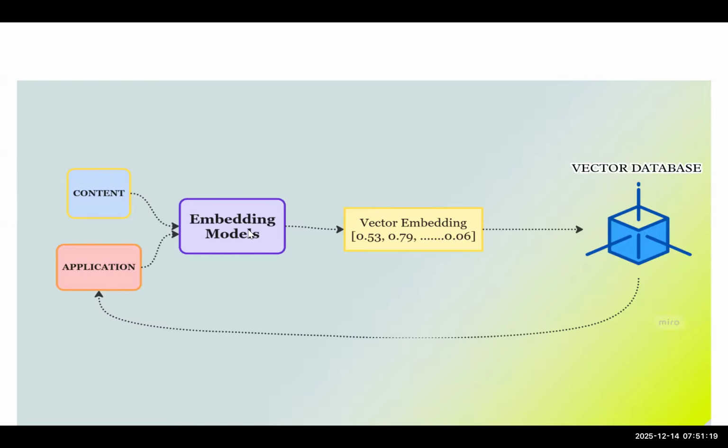It also follows, logically, that if you change the embedding model, you have to redo all of your content, right? You have to refresh your database, update all of your embeddings using the new embedding model. Or if you choose to change your chunking strategy, then you also have to refresh everything.